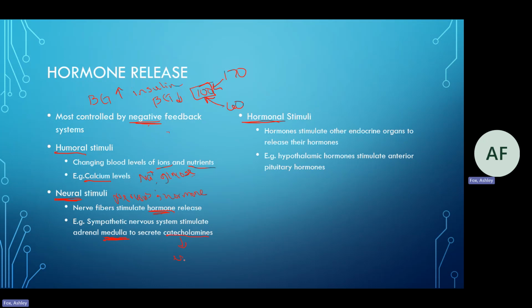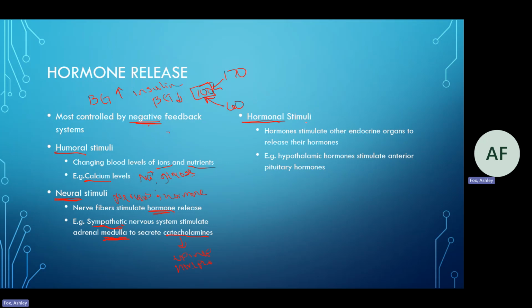This is going to be your epinephrine and your norepinephrine mainly. They are, again, neurotransmitters, but they can work as hormones that are part of your sympathetic nervous system or your fight or flight. And we'll talk about those more later, but they're in direct response because of your sympathetic nervous system.